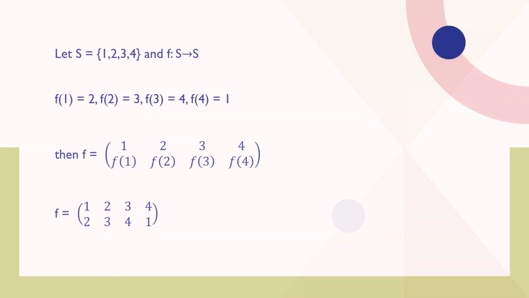So let S be a set which is {1, 2, 3, 4}, and the function defined is S to S. So you are now making this permutation with this set. Let me draw that set here.